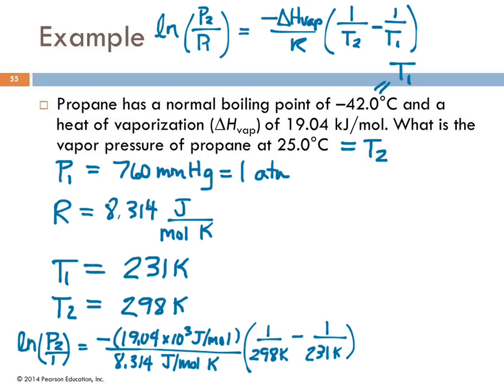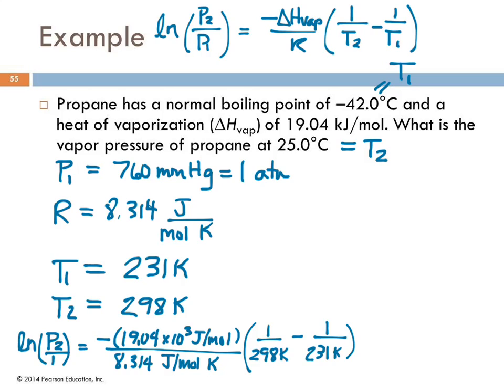Depending on how your calculator thinks, you'll do this in different ways. But I'm going to take 1 divided by 298 minus 1 divided by 231 and press the equal sign so it finishes all that. I get 0.0009733. Then I'm going to multiply by 19.04 times 10 to the third.